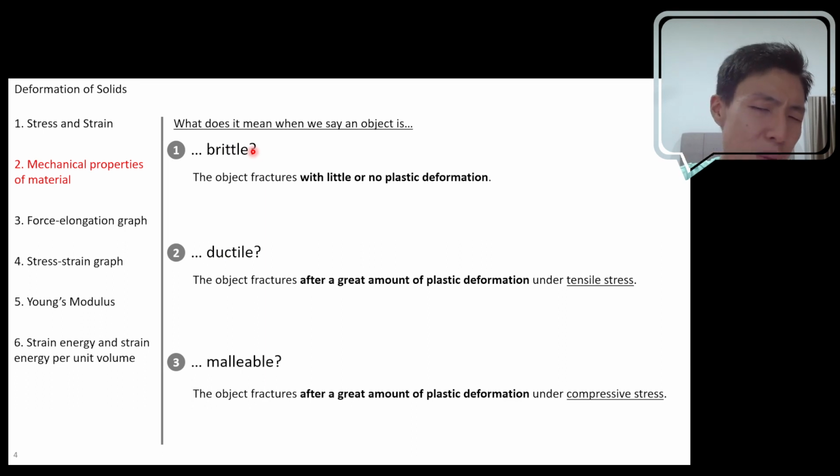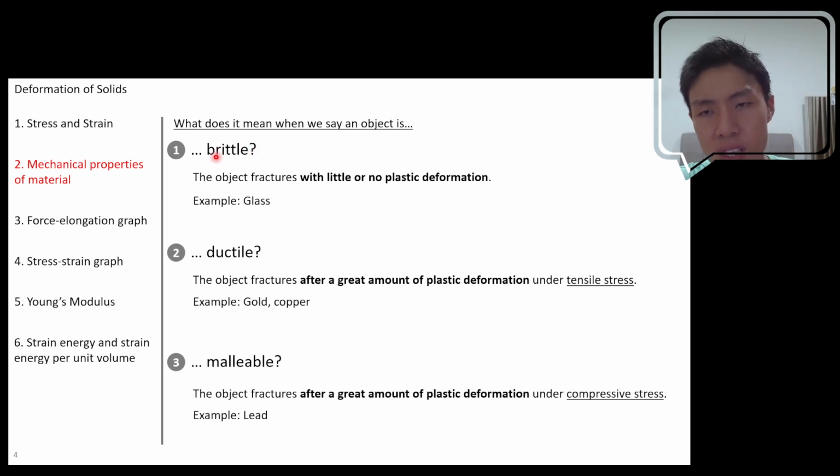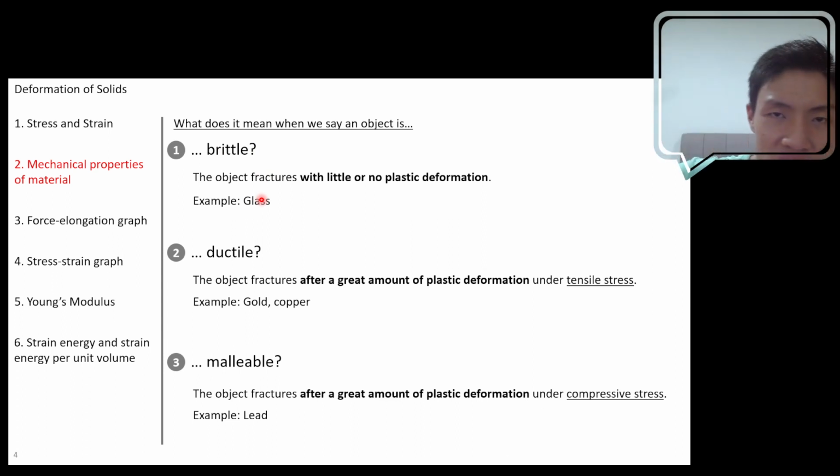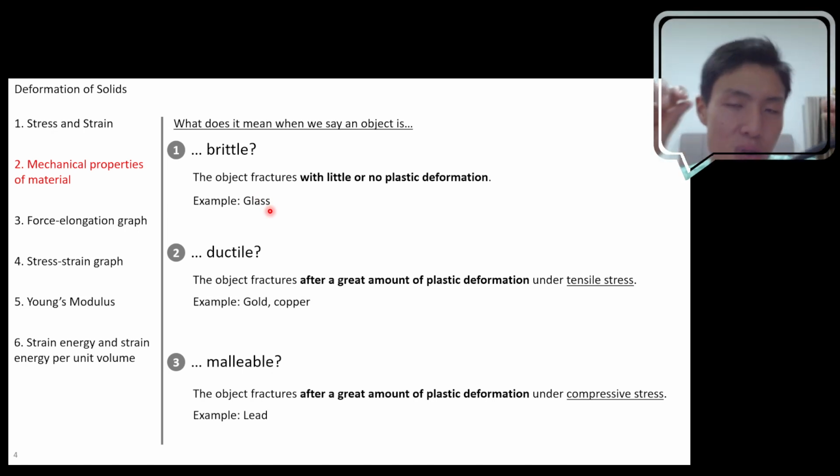Some examples of brittle objects: glass. You don't see glass being stretched into a longer glass. When you stretch or press on it with a certain amount of force, it breaks even before it experiences any kind of severe stretch. So we call glass brittle.